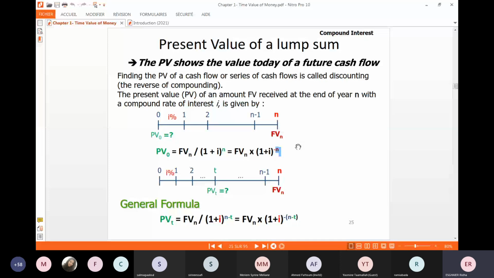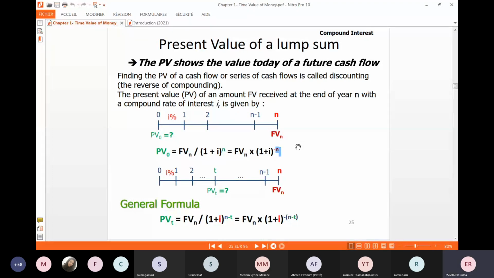Because when we go forward in time, from the present to the future, the obtained amount will increase because we add interest. The power is positive, the n is positive.